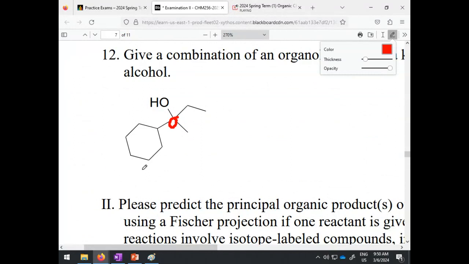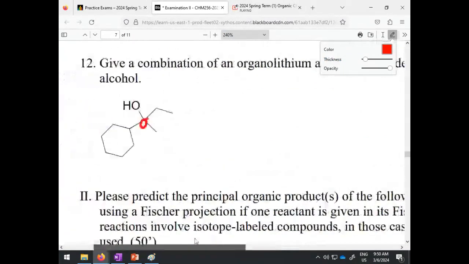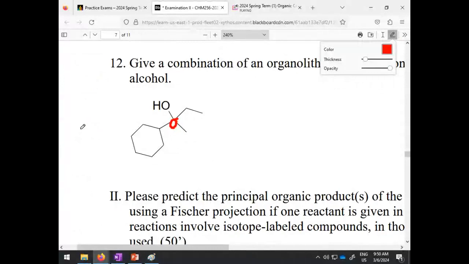of the remaining 3 groups, one of them will be from the organolithium, right? Organolithium, yeah. One of them could be from organolithium, and the remaining 2 are the groups on the carbonyl group. But there are 3 possible answers. So we could potentially cut off here, okay?